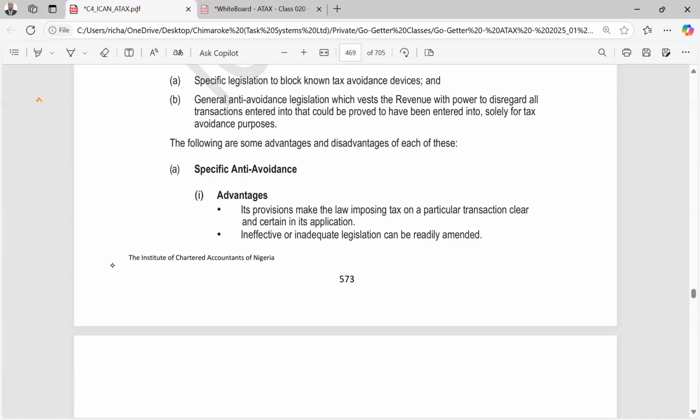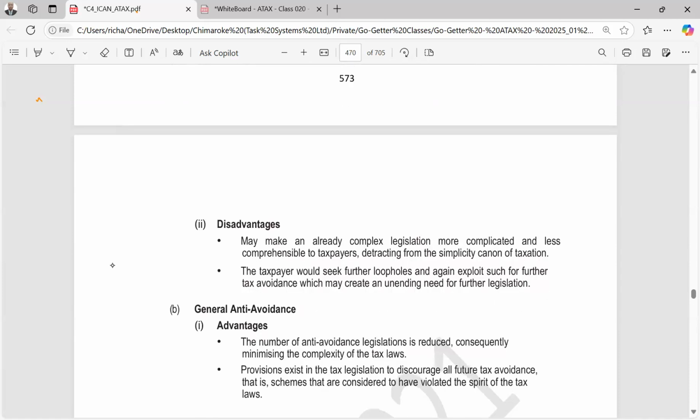Okay, so what are some of the disadvantages? One of them is there is a potential to make a complex legislation more complicated and less comprehensible to taxpayers. Say, for example, the VAT. You try to make people pay more VAT because you think that the rich are avoiding the VAT, the poor are paying more than their fair share, and they now make some legislation and it makes it complex because you're trying to address that blockage, that loophole.